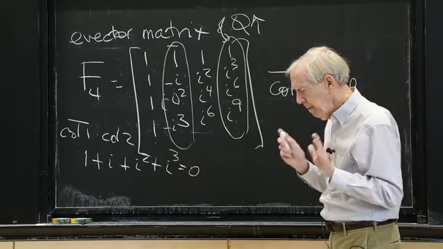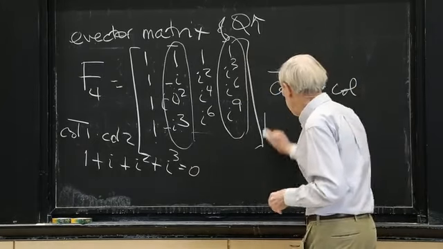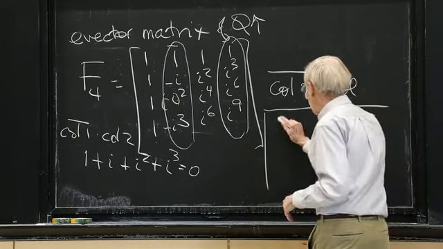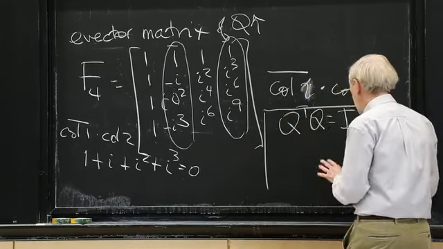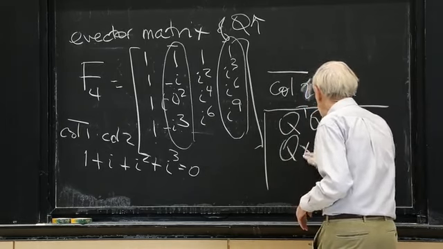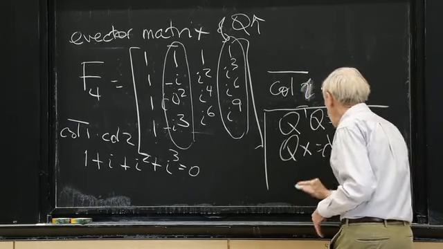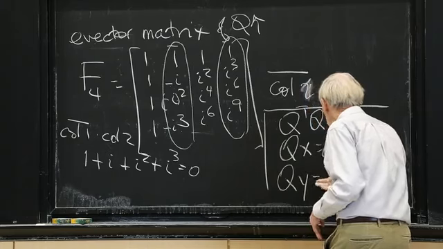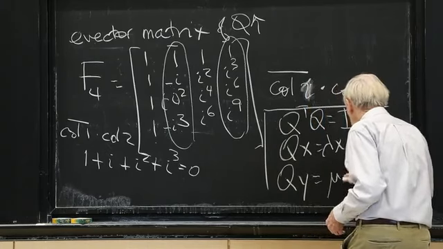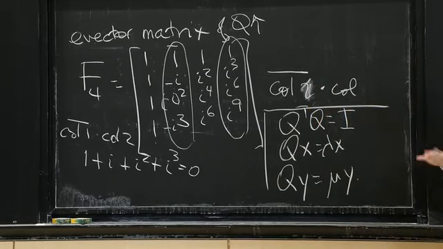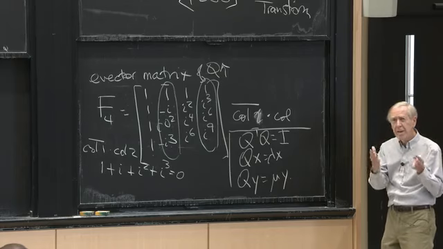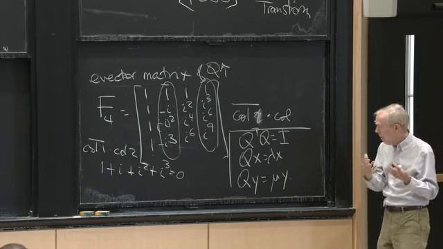So let me repeat again. Let me just make this statement. If Q transpose Q is I, and Qx is lambda x, and Qy is a different eigenvalue mu y, okay. So I'm setting up the main fact that in the last minute I'm just going to write down.